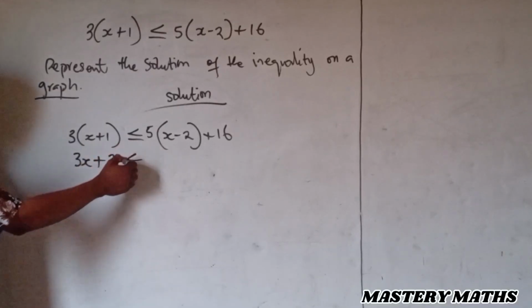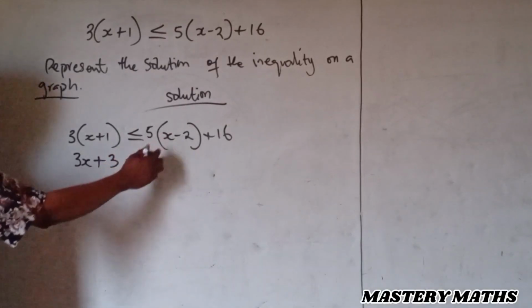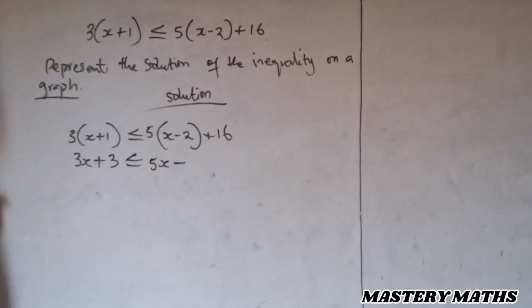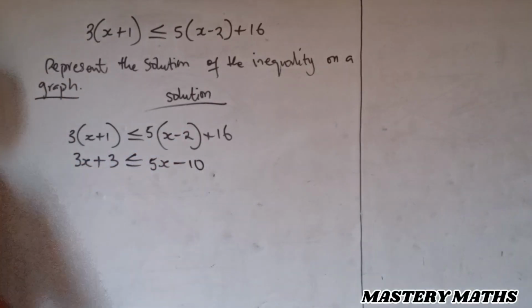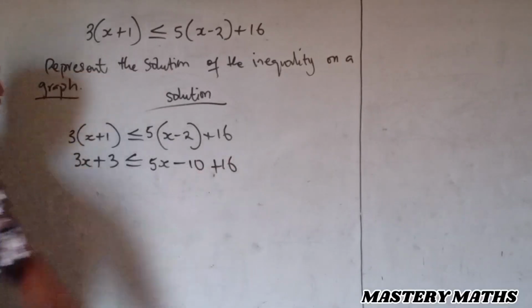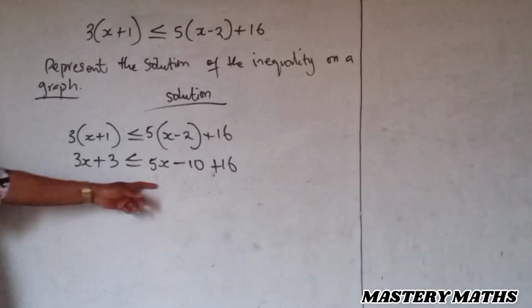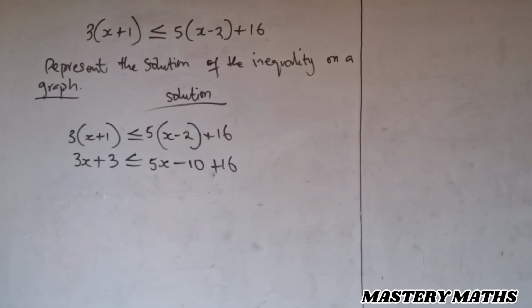Then less than or equal to 5 times x is 5x, minus 5 times 2 is 10, plus 16. You see it? After opening the brackets, you get all the values you're seeing here.